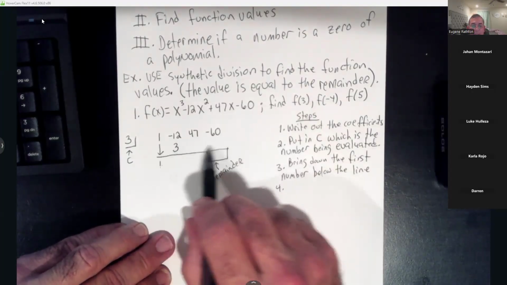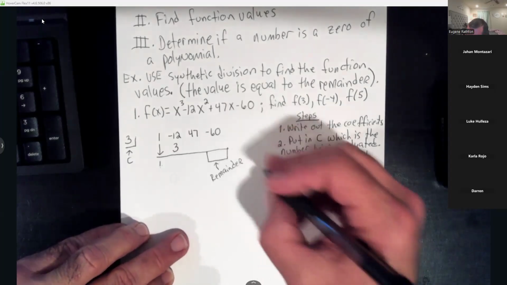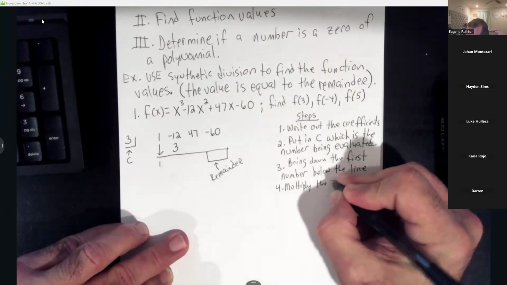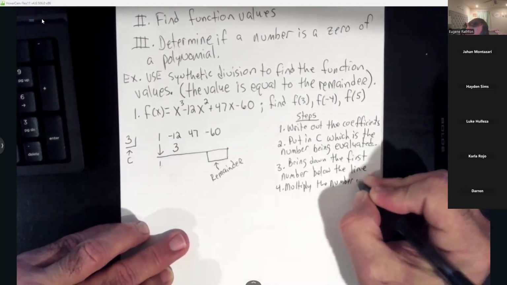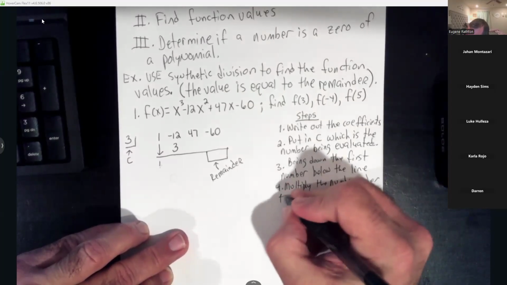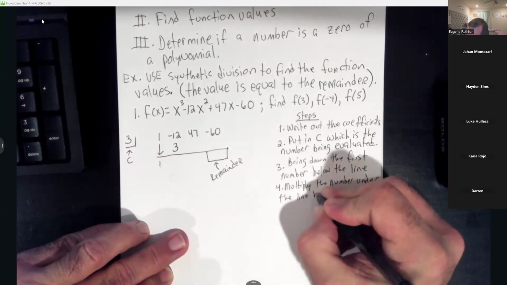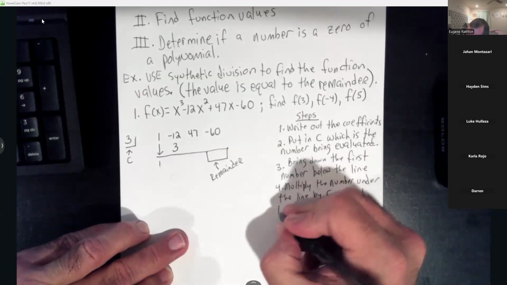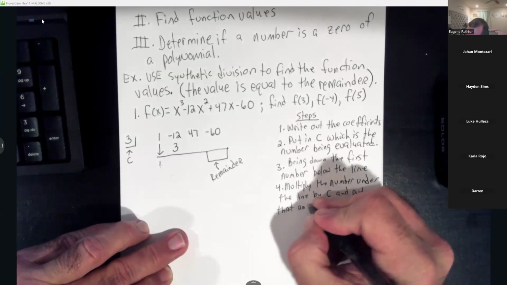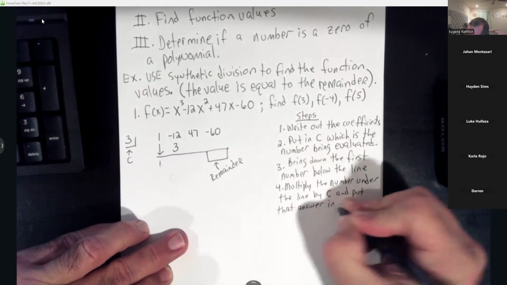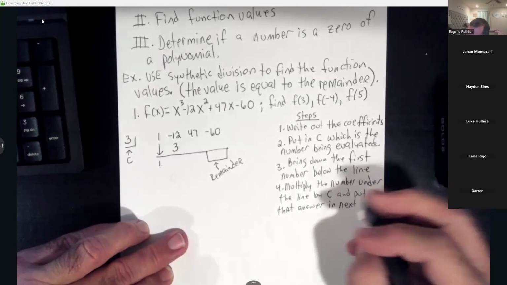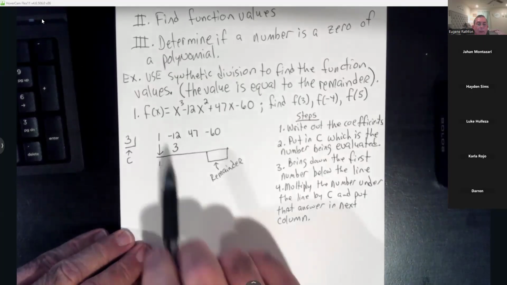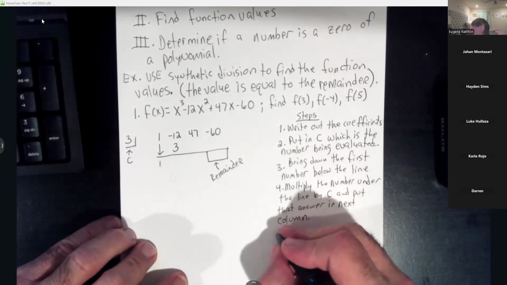I put that number into the second column. That's why we left space here. So multiply the number under the line by C and put that answer in the next column. All right, guess what you're going to do now?